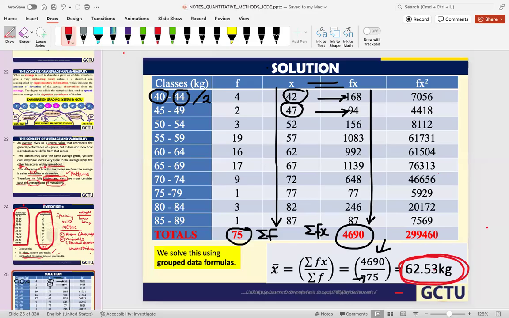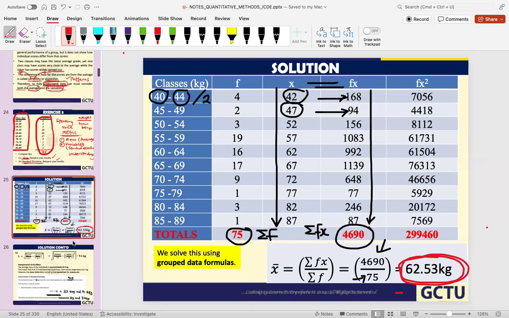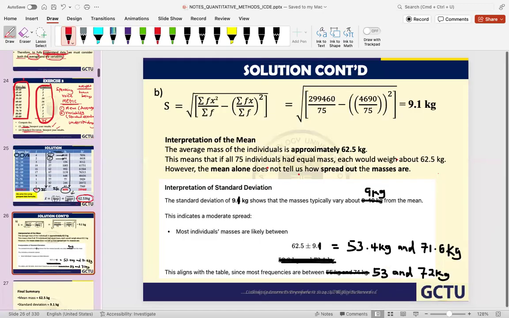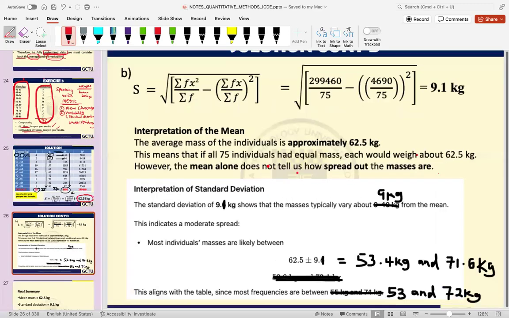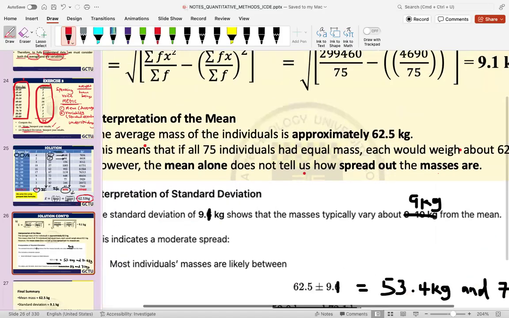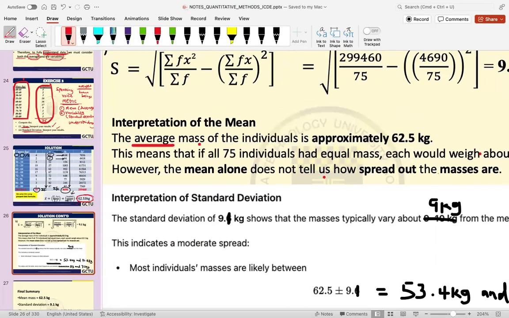What is this 62.53 kilograms? If you come, this is the interpretation. It means that the average mass or weight of the individuals is 62.5 kilograms.